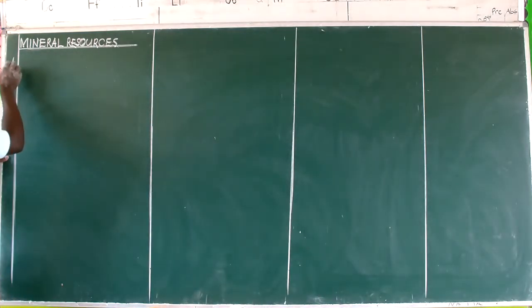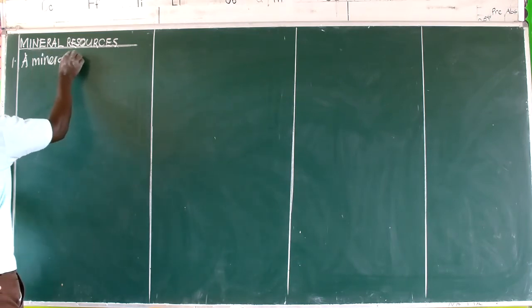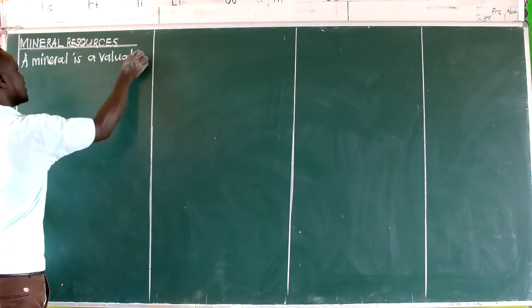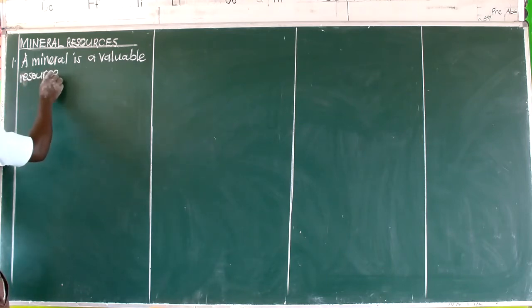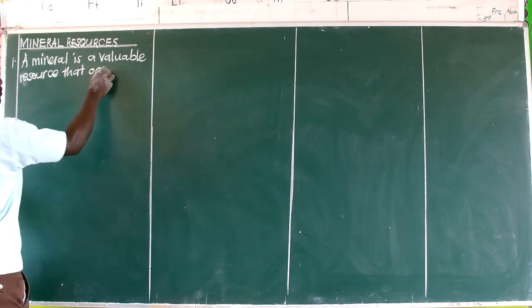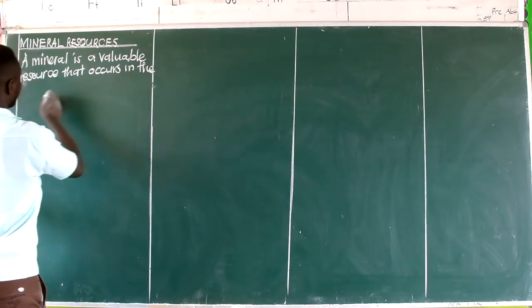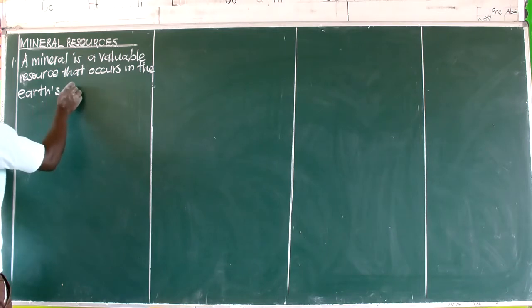We begin with a mineral. Before we go to mining, a mineral is a valuable resource, meaning something with value. A valuable resource that occurs in the earth's crust.